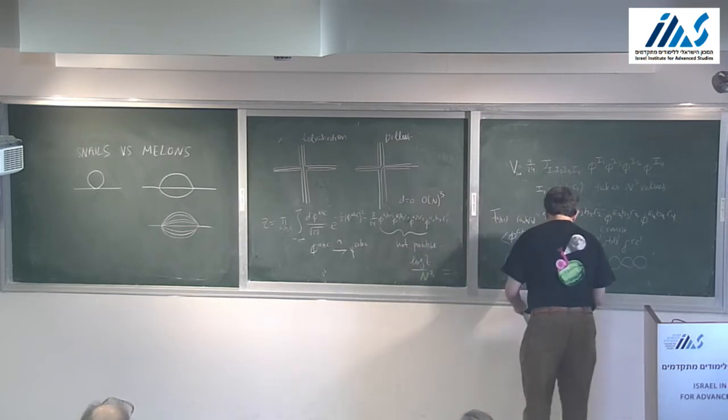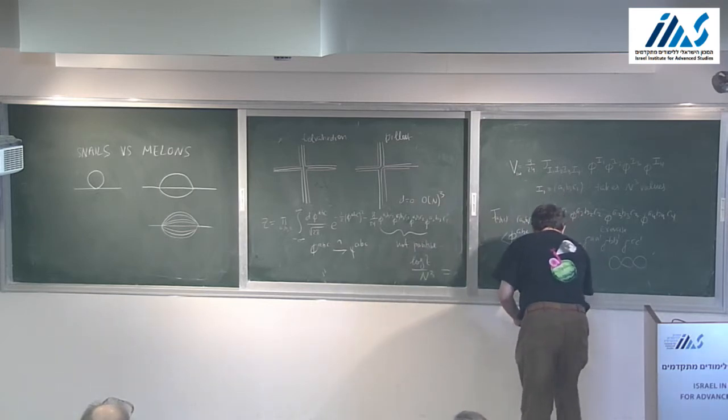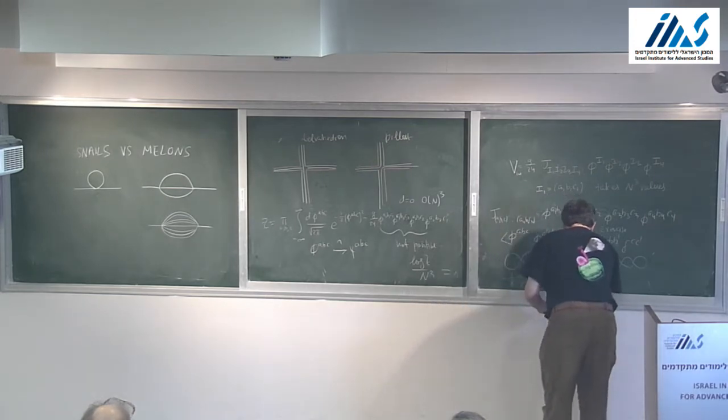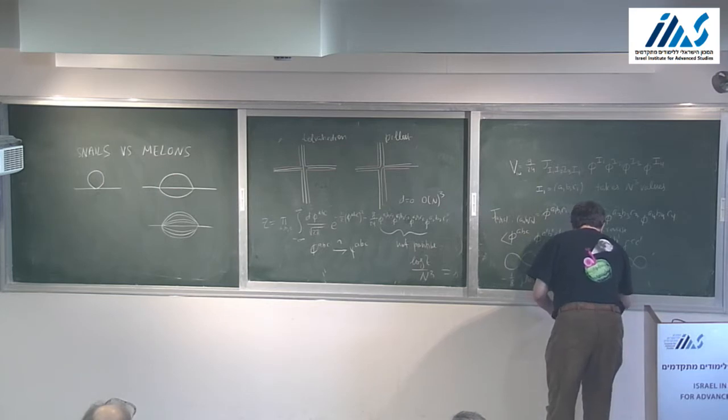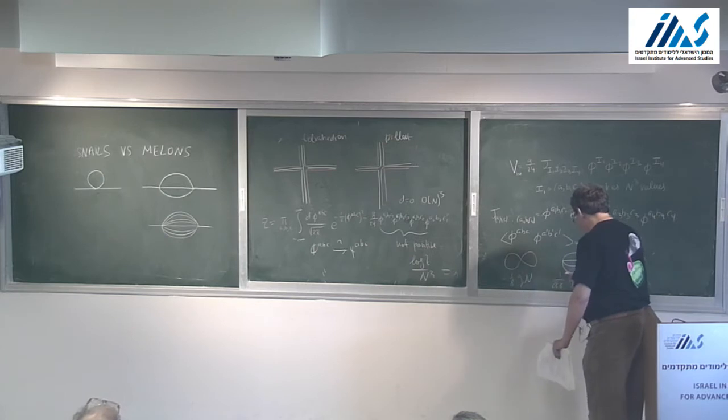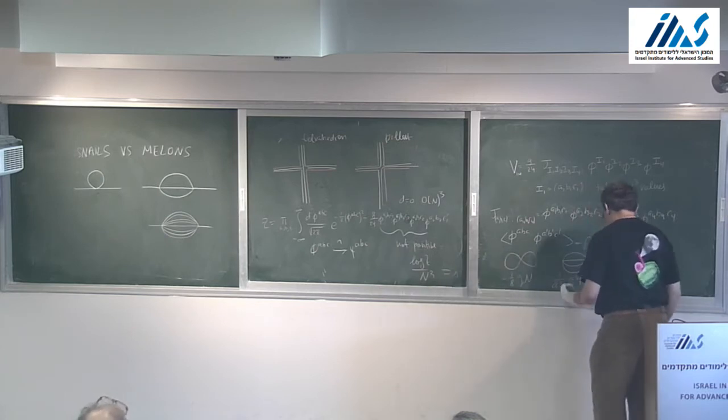Here you get 1/288 times g squared times (N cubed plus 3N plus 2). So you see that there are these subleading pieces already appearing, but the first term is N cubed.